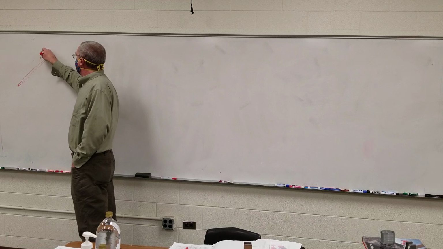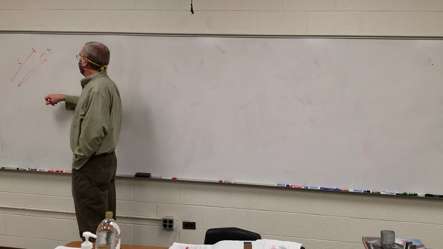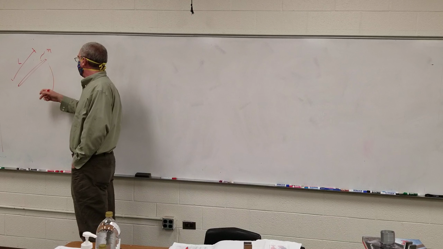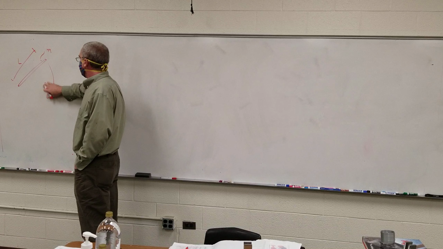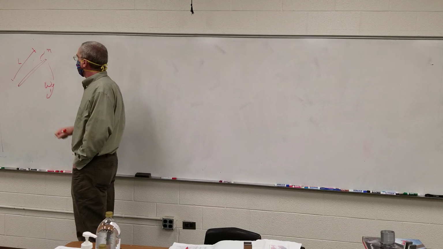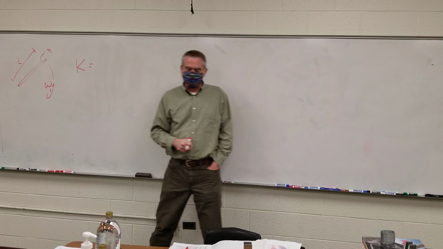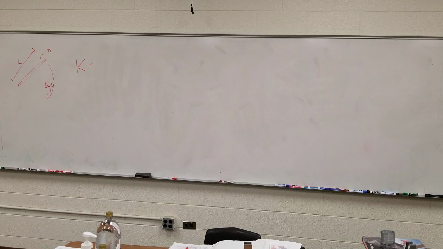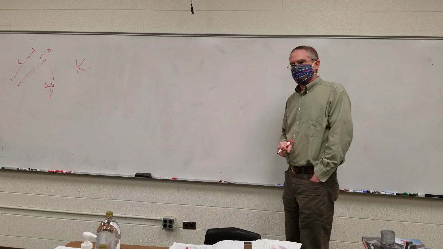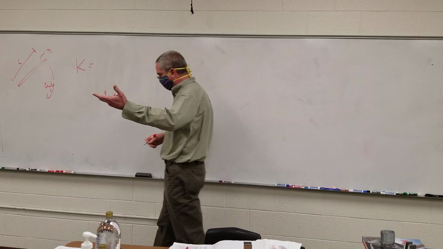The rod has some mass M, we'll just say some length L, and spinning around at 2 radians per second. All right, let's keep it generic, omega. What is the kinetic energy of the rod? We'll start out with the formula. What's the formula for kinetic energy?